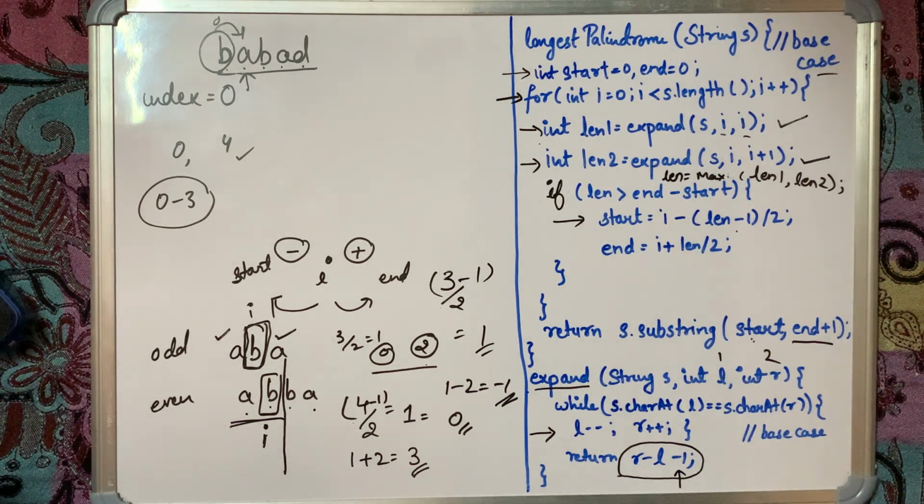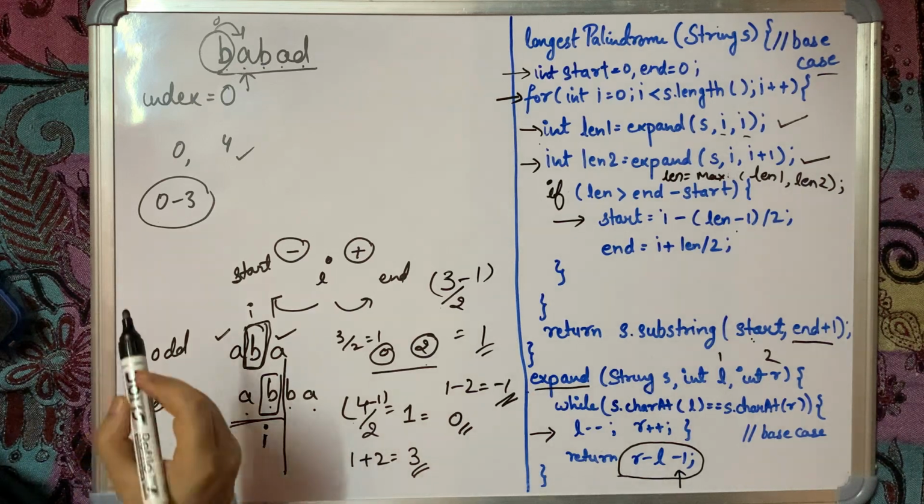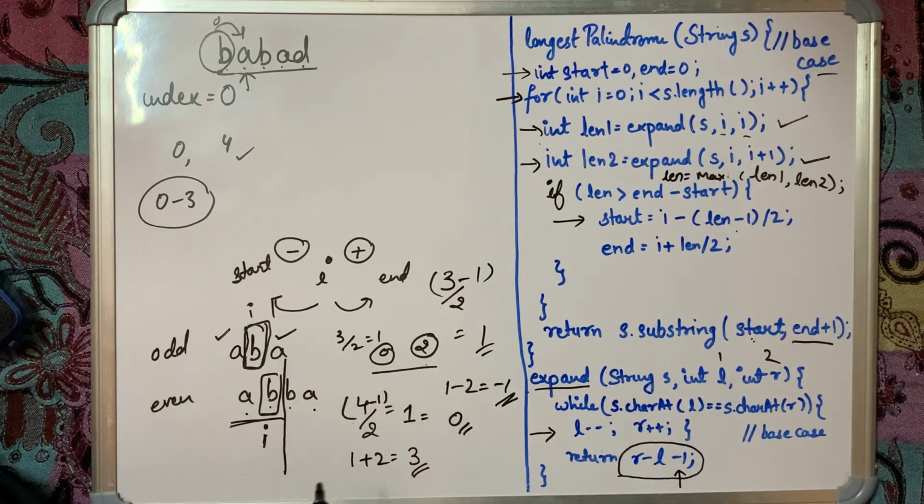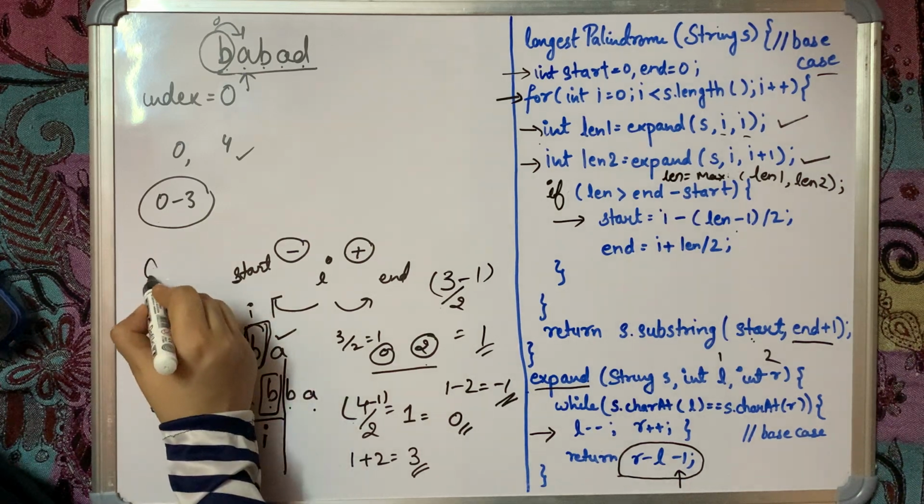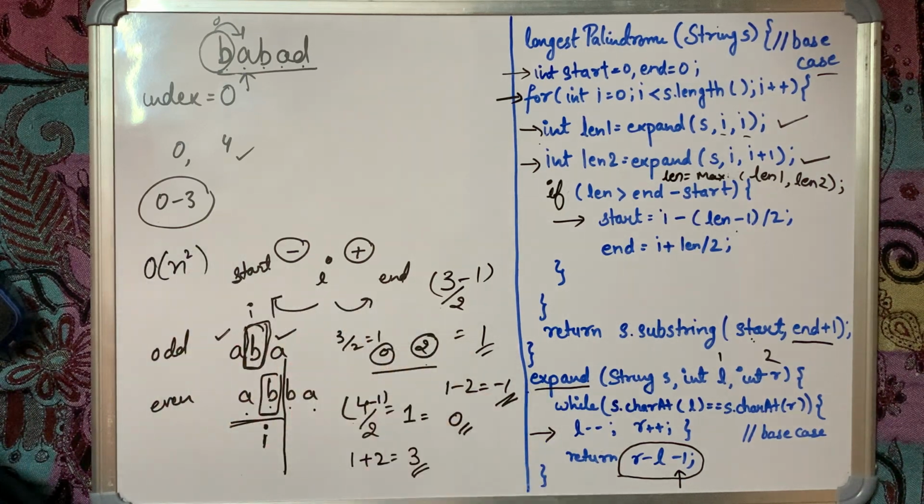So we have to return the longest palindrome string possible, and this is the solution, where you take each character and expand across it, considering it as a center, and in O of n square time you get the result. I think we should discuss the space and time complexity as well. We are not considering any extra space here.